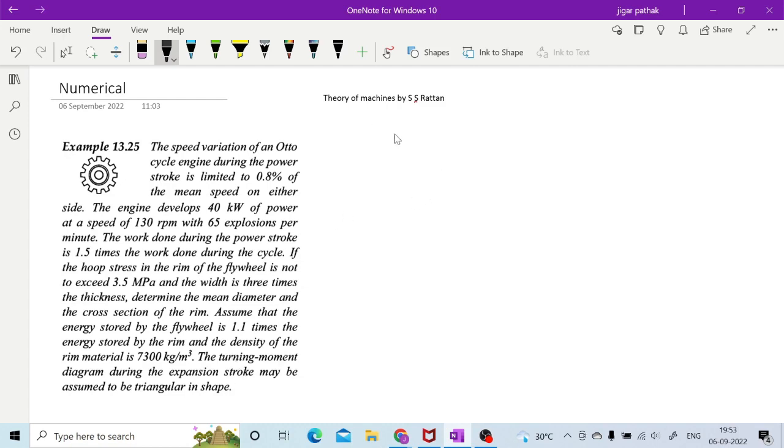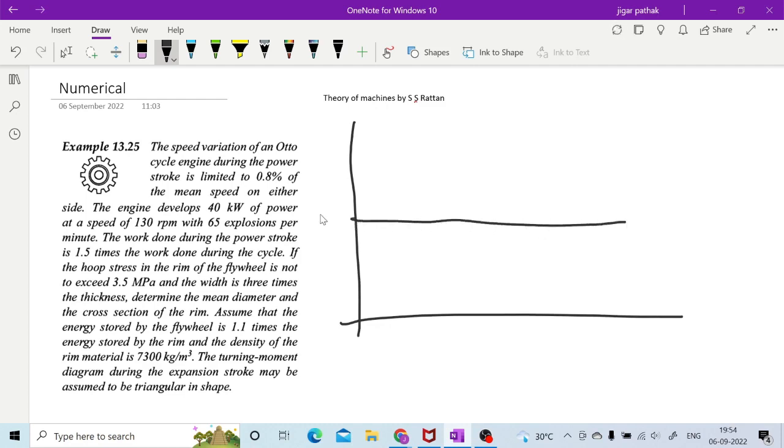So the very first thing is, you are going to draw this T-theta diagram, and if you remember for this 4 stroke, it was like this, right? We have seen this. And like this.